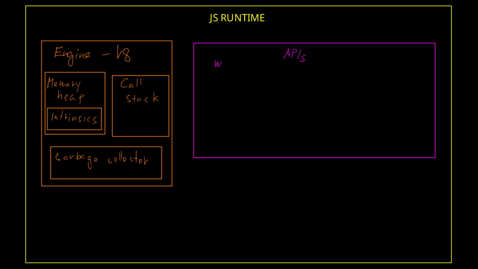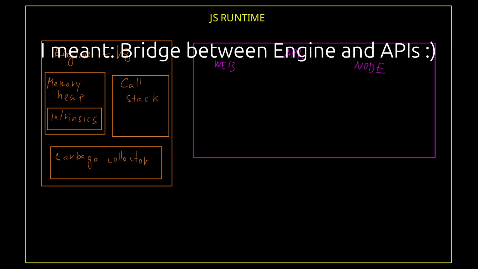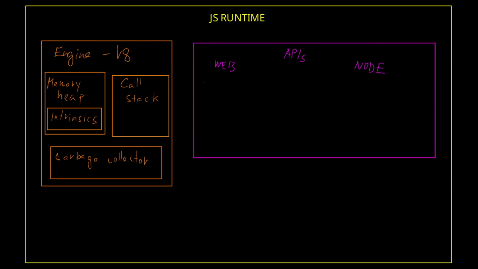For a web browser, we have web APIs, and for Node.js we have Node APIs. The bridge between web APIs or Node APIs is a global object. For a web browser it is the window object, and for Node it is the global object.